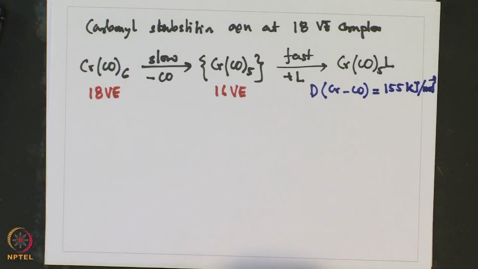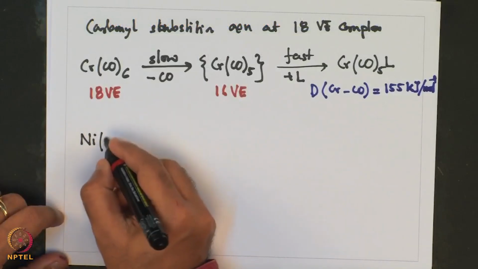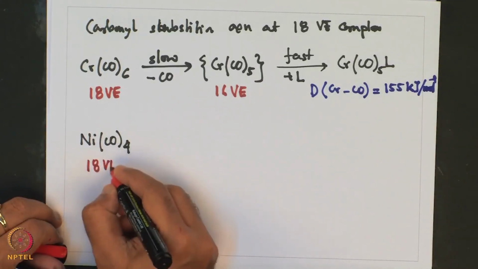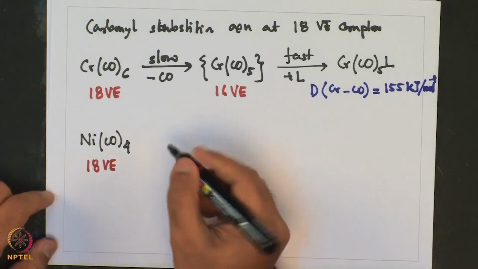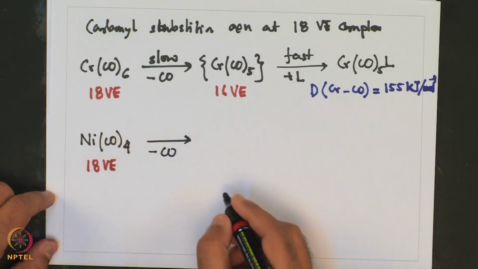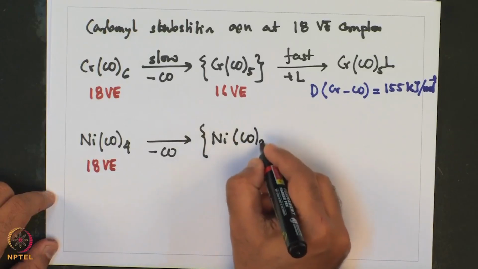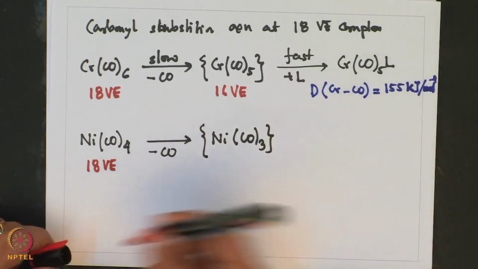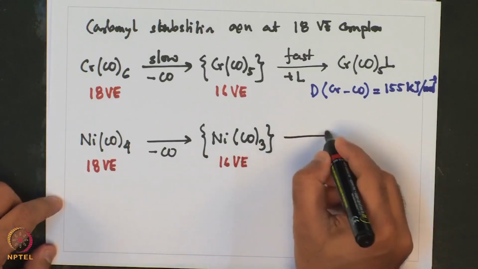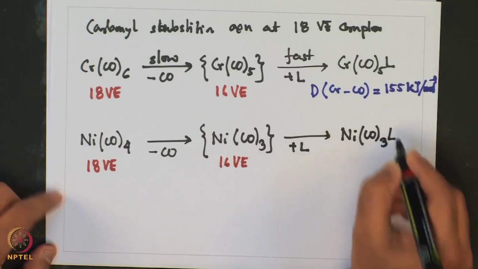Whereas, if one were to look at the same reaction for nickel tetracarbonyl, Ni(CO)4, which also is an 18 valence electron complex, it eliminates CO to give nickel tricarbonyl, which is a 16 valence electron complex, and that reacts with L to give Ni(CO)3L.